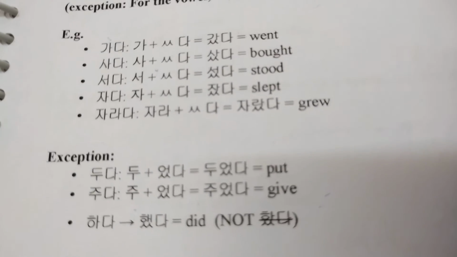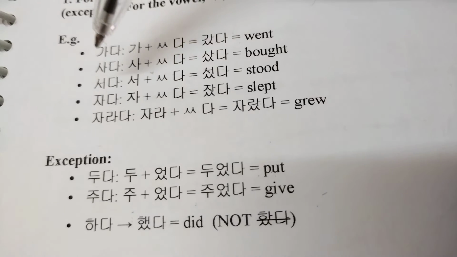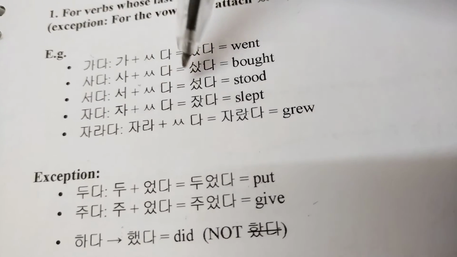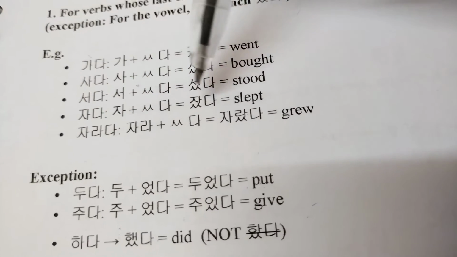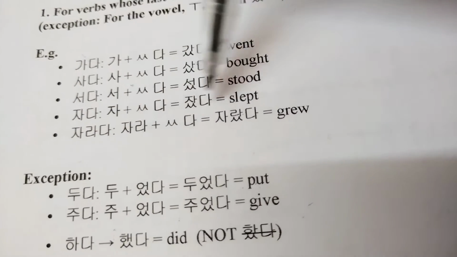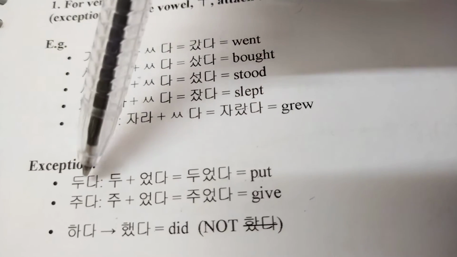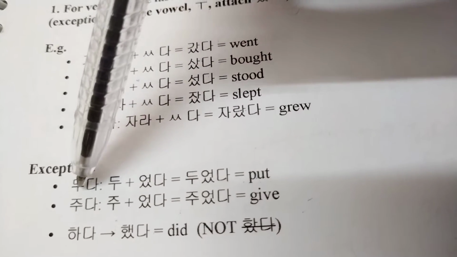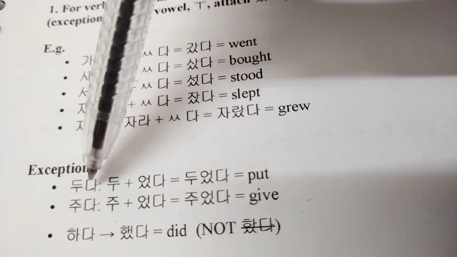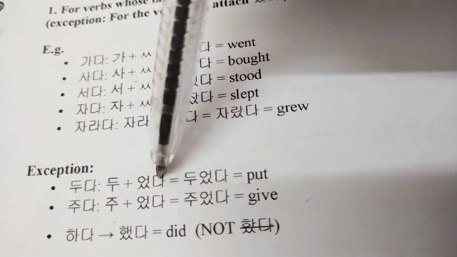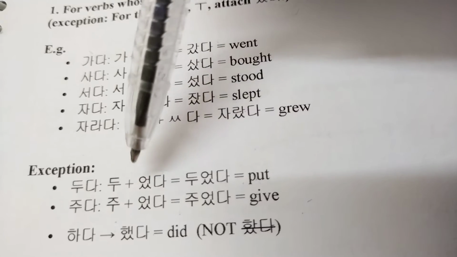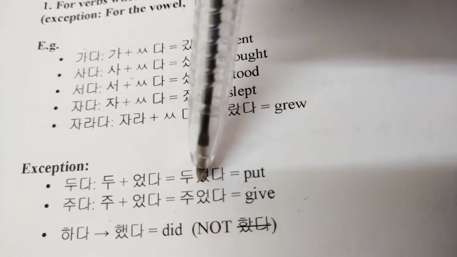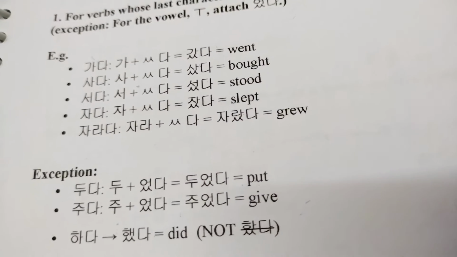If you see the examples given here, you would understand better. 서다 becomes 섰다, 자다, 잤다, 잘하다, 잘했다. But these two have ㅜ as the vowel here, so you would take the 다 off, and in that place you would add 었다. So 두다, 두었다, 주다, 주었다. 주었다 can also be 줬다.